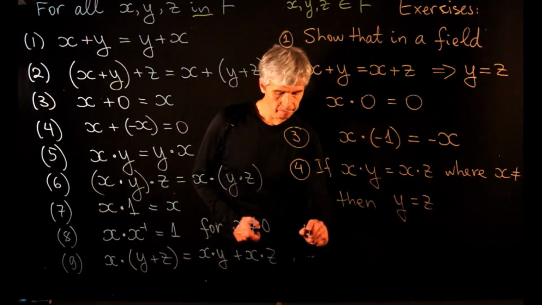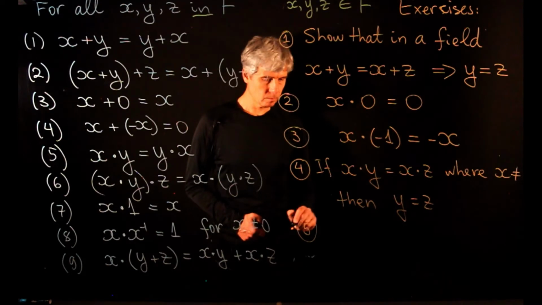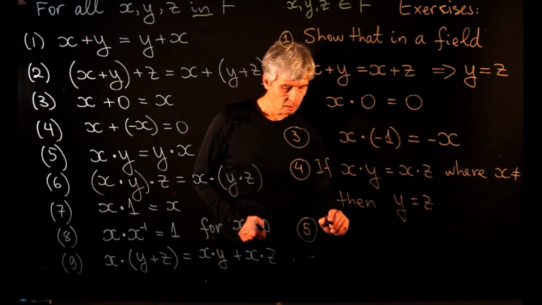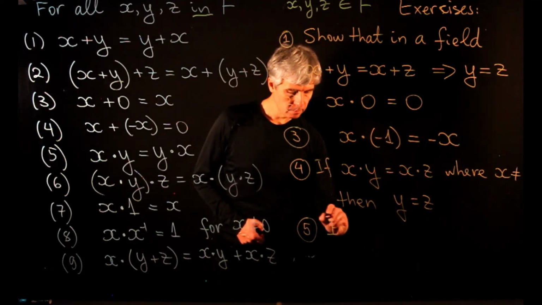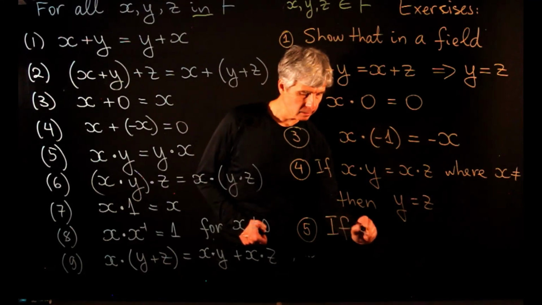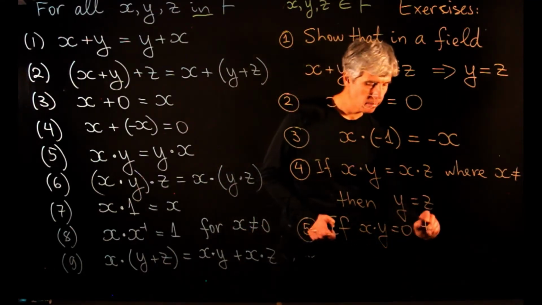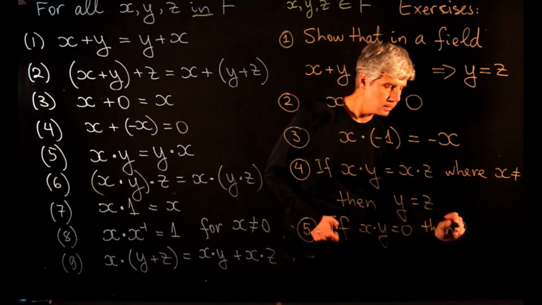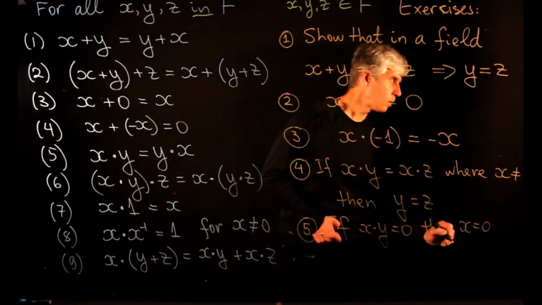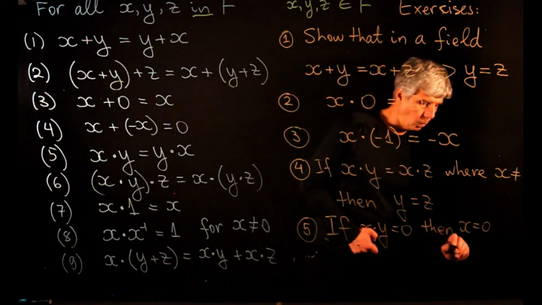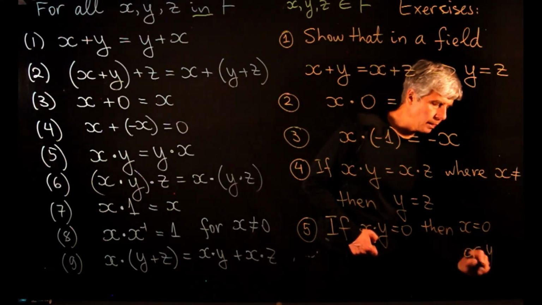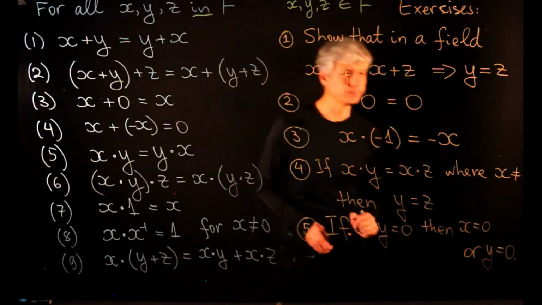And five. If x times y is equal to 0, then x is equal to 0 or y is equal to 0.